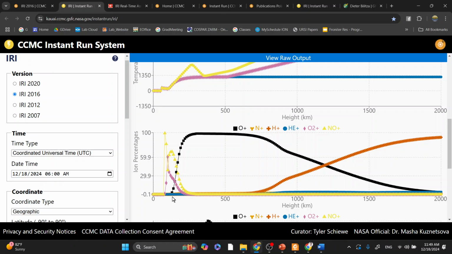If you go to lower altitude, around here, NO plus is dominant. If you go above 500, like 700 and up, you have hydrogen ion, H plus, and so on. So the dynamics at lower altitude, medium altitude and high altitude are different, right?